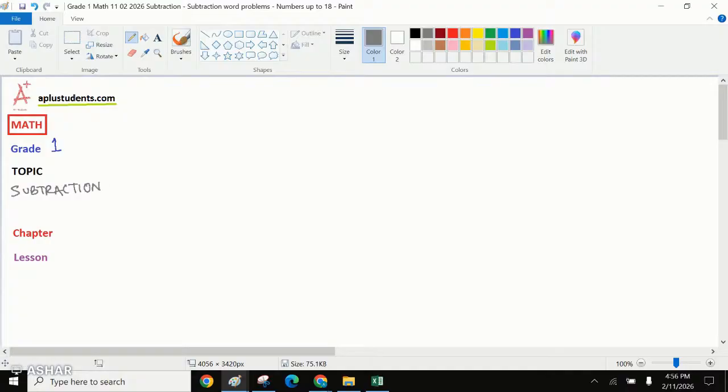I'll give you the chapter number and the lesson number. Chapter number 5, lesson number 10. Chapter number 5 and the lesson number is 10, and the name of the lesson is subtraction, word problems, and we would be solving numbers up to 18.